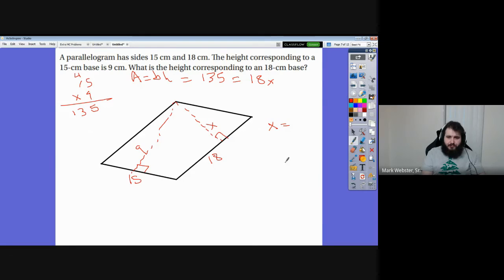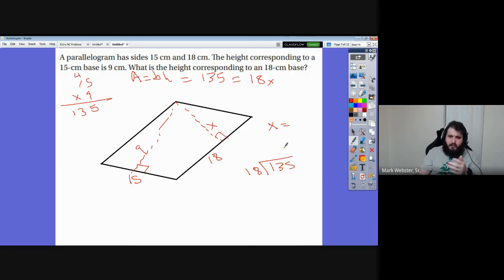Let me do it down here. Well, okay, so how many times does 18 go in? 18, 36, 54, 72, 90, 108, 126. 7.